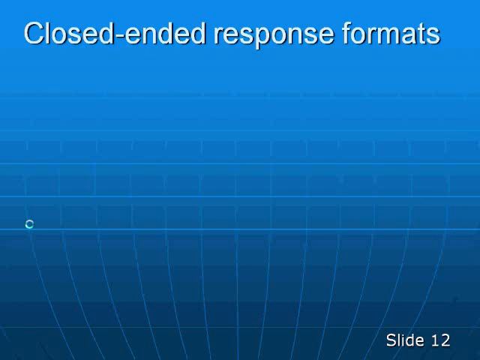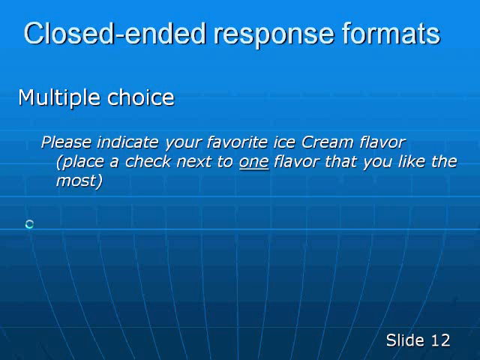Now let's look at some closed-ended response formats. These are the most common. First, we have the basic multiple choice response format. So, for instance, I'm sure you like ice cream. Probably most of you like ice cream, although I do know people who don't. I love ice cream. And so you might want to find out what people's favorite ice cream flavor might be.